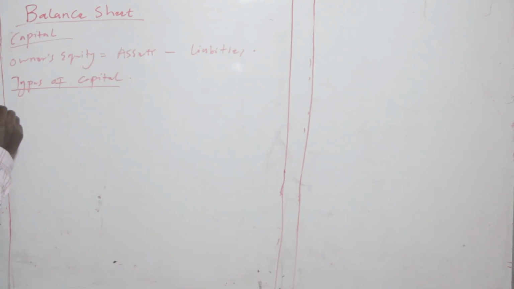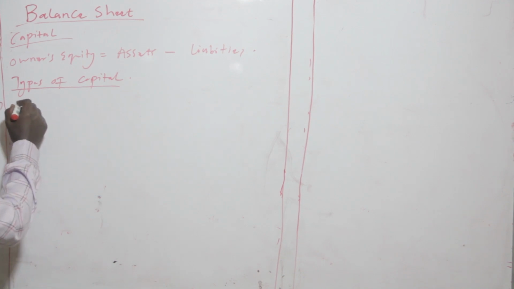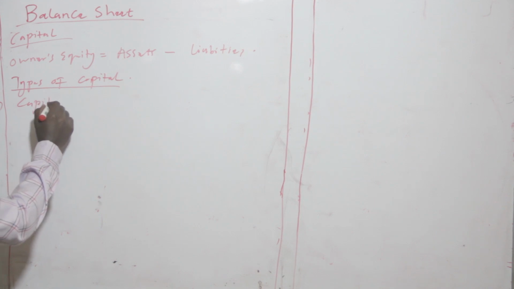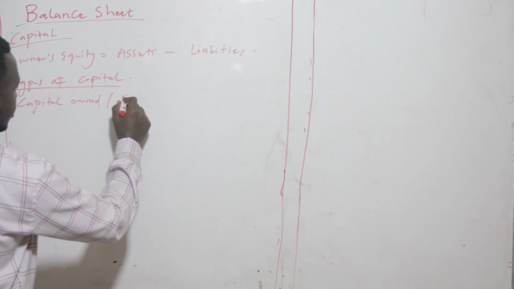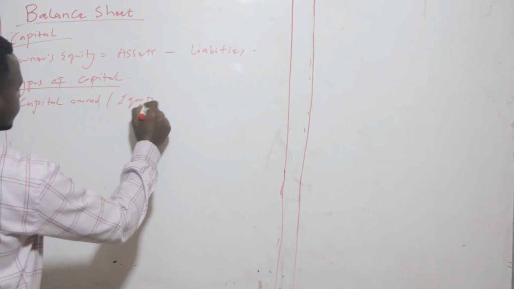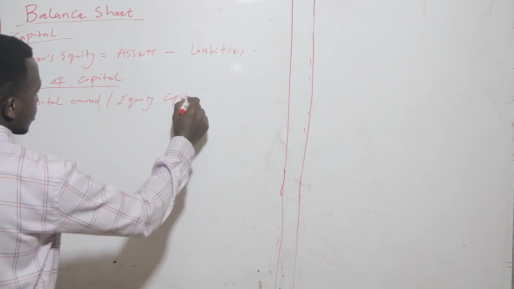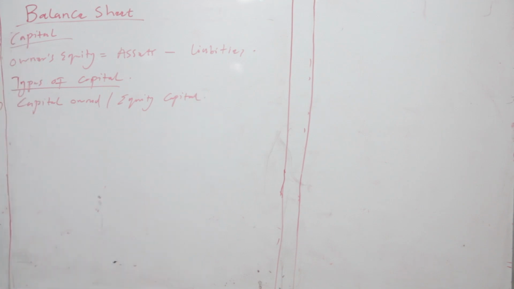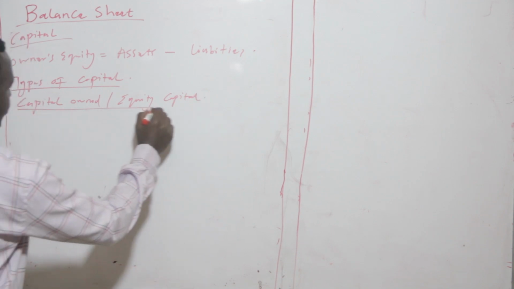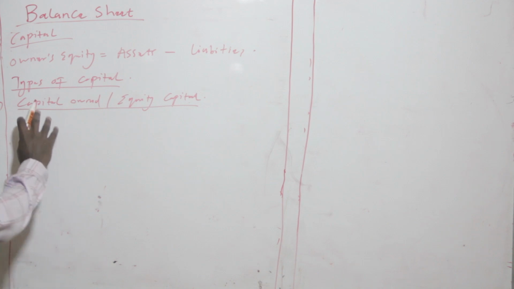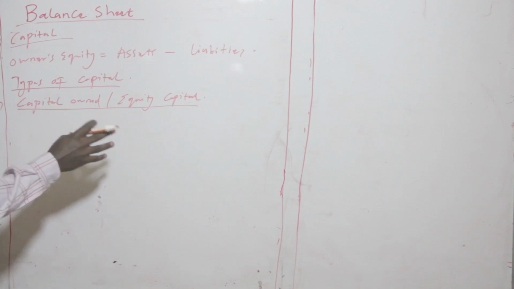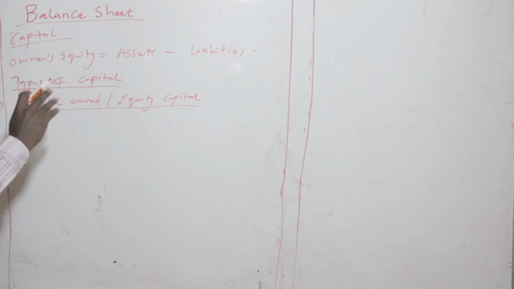So the first type of capital that we are having is capital owned or equity capital. Before we look at the formula, this capital owned or equity capital is also referred to as owner's equity.